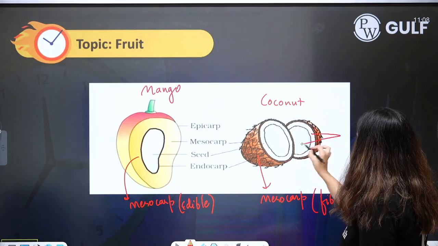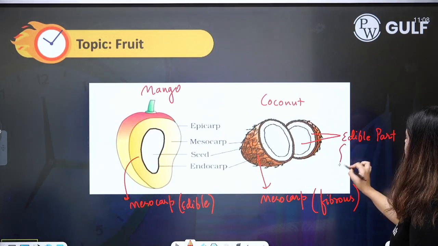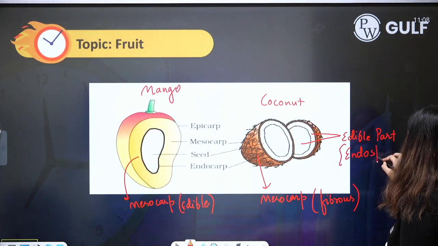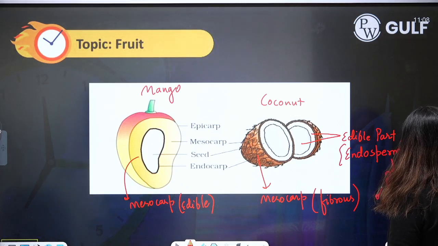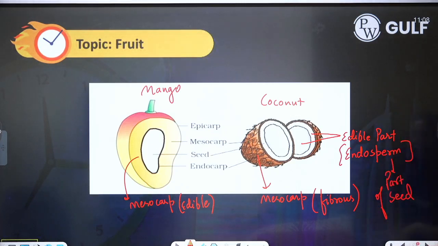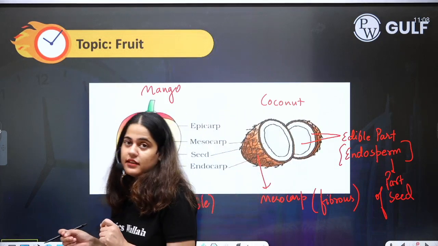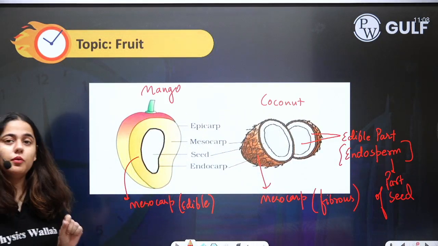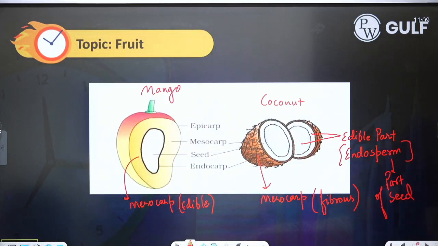And these are the edible part of coconut, known as endosperm. It is a part of seed. So the coconut water that you drink and the white part that you eat from the coconut, both are endosperm, which means you utilize the seed part of the coconut.